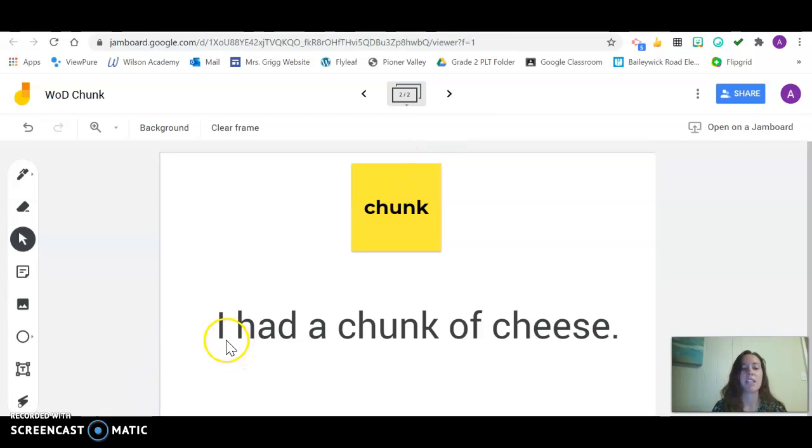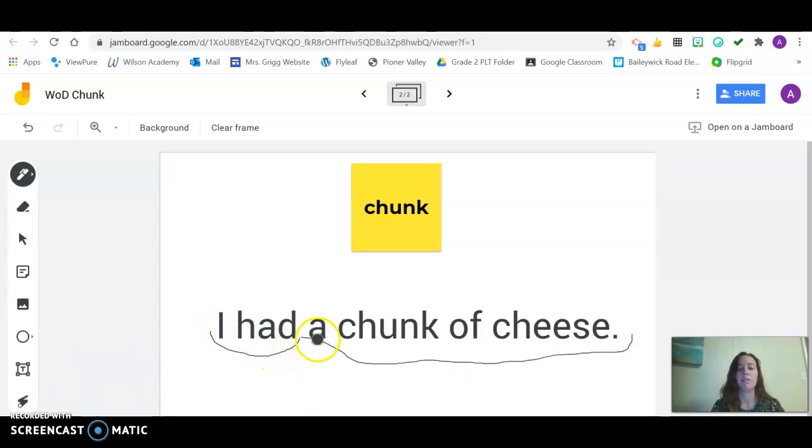My sentence is, I had a chunk of cheese. Now we need to scoop that into its phrases so that we sound like a reader while we're reading it. When I scoop this sentence, I'm going to scoop it into how I read it. I read it, I had a chunk of cheese. Now you read it with me. I had a chunk of cheese.